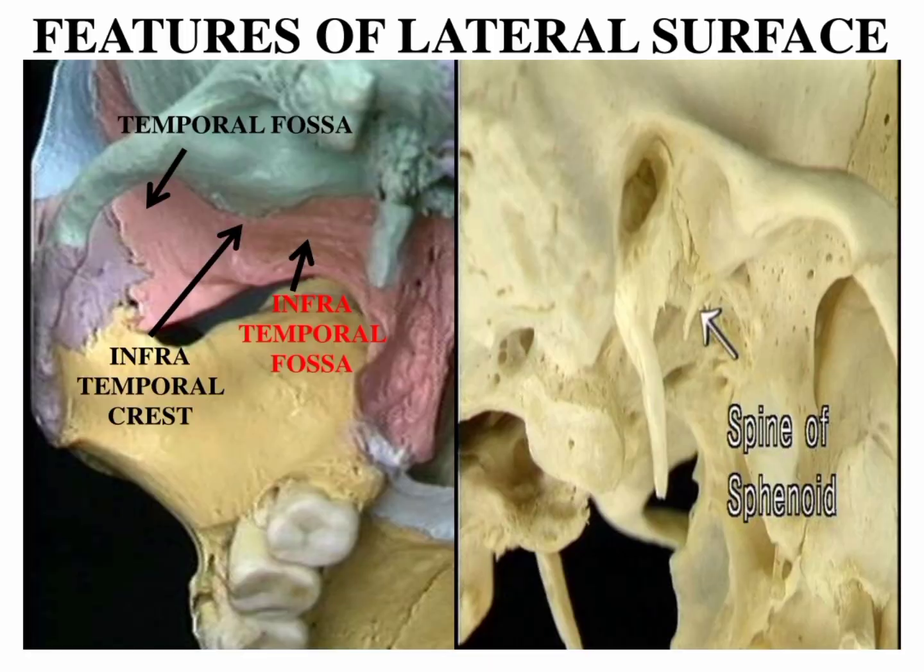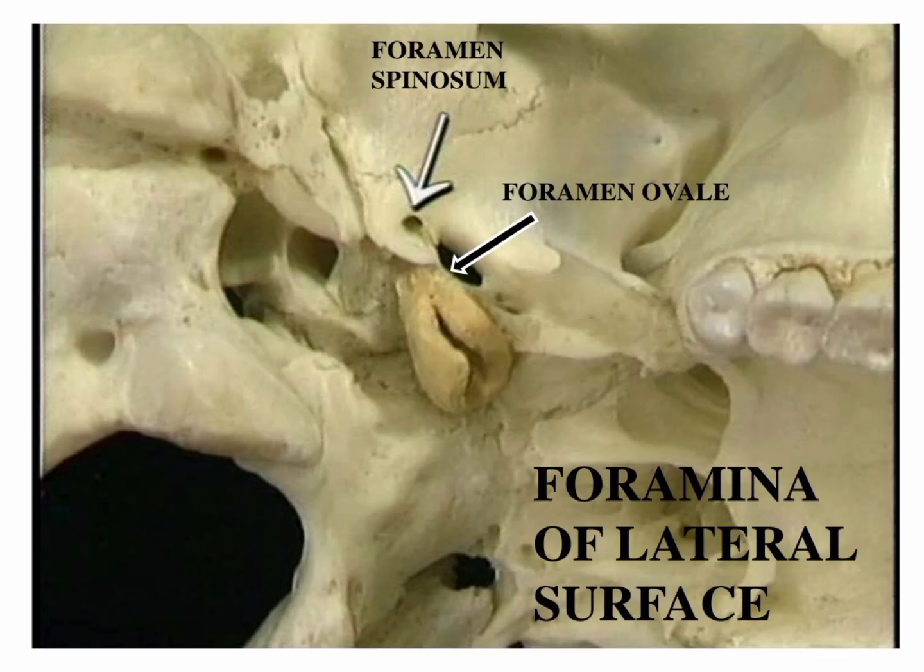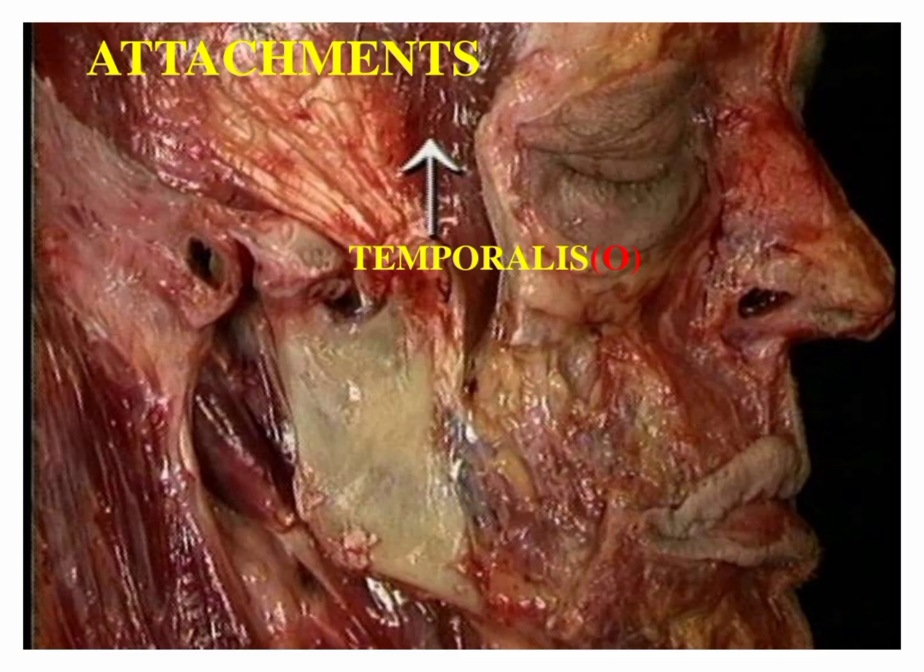Lateral surface is divided into temporal fossa and infratemporal fossa by a crest called infratemporal crest. The infratemporal surface presents a spine called the spine of the sphenoid bone near the foramen spinosum. The infratemporal fossa presents the lower openings of the foramen ovale and foramen spinosum. Temporal fossa gives origin to temporalis muscle.